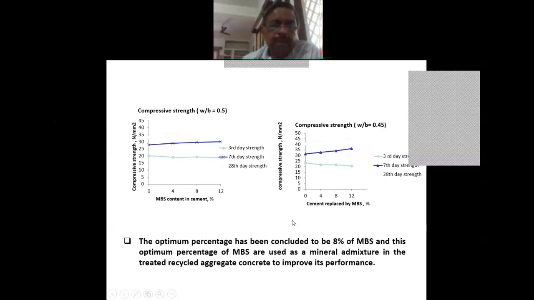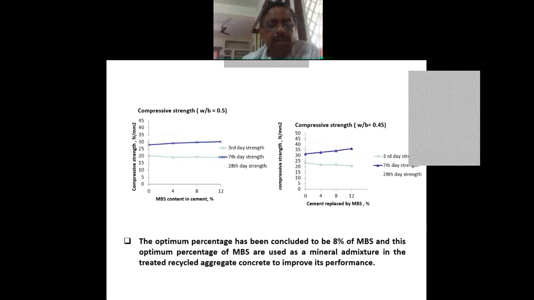So based on this study, we concluded that 8% of microbial mycelica may be adopted in the concrete mixes to improve the properties. Because of cost, when we are going for silica fume, we should not go more than 4 to 6%, because of the high cost and the high volume of silica fume required.